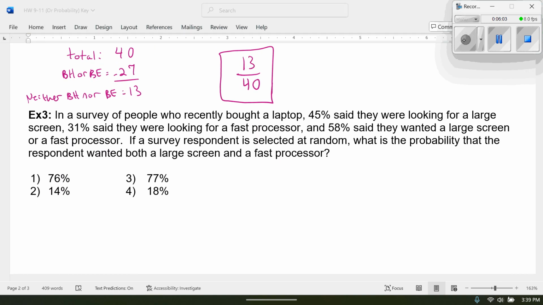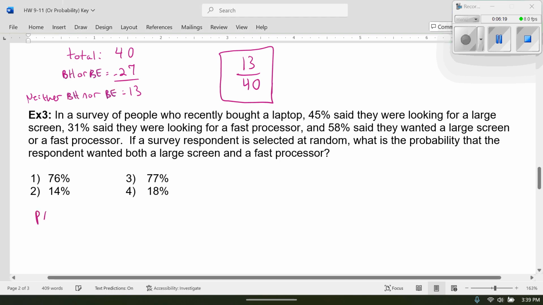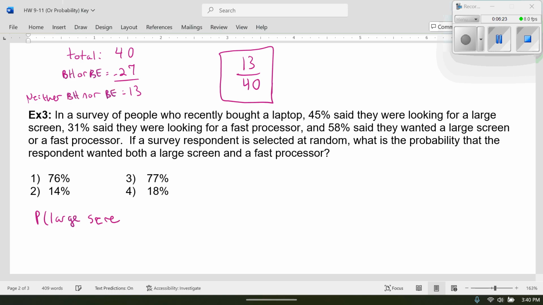Let's try another. This is the last way an OR problem can be asked. We have, in a survey of people who recently bought a laptop, 45% said they were looking for a large screen. So I have the probability of looking for a large screen is 0.45. 31% said that they were looking for a fast processor.